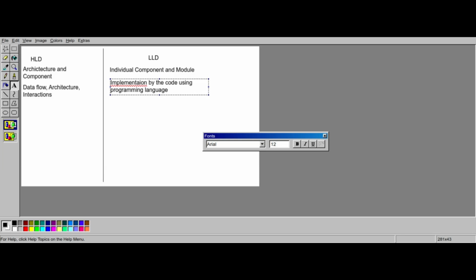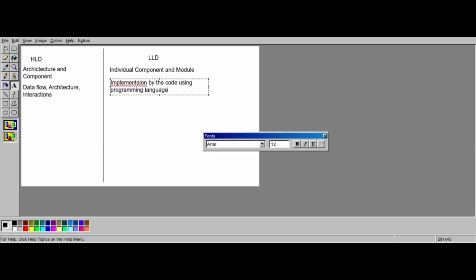Suppose the right side will be part of the cart, the right side will be the user details, and the left side will be the price, discount, coupon code. This is the flow and architecture, and it is the modular interaction. Those are the high level design.